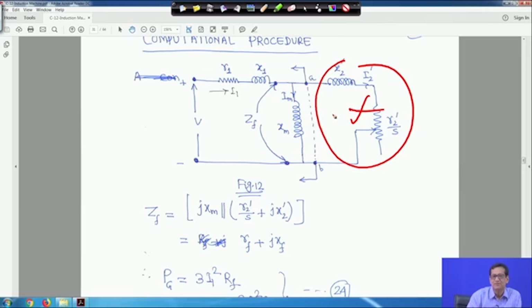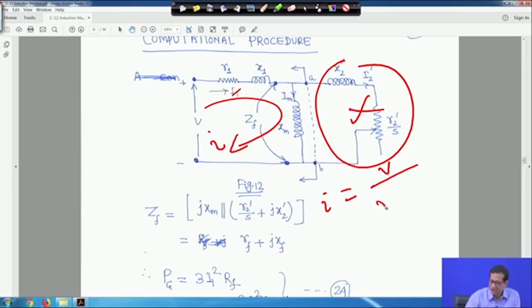VAB is equal to V Thevenin. If the other part is not there and a current I is flowing, then I is equal to V upon R1 plus j(X1 plus Xm).